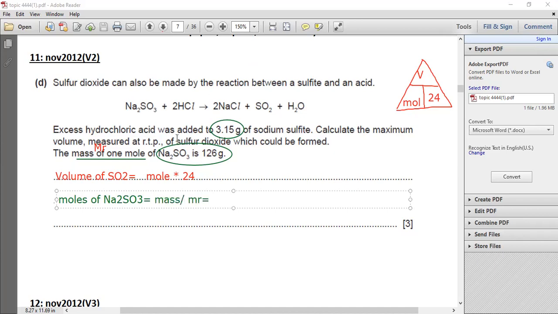What is the mass in the question? 3.15. What is the MR given in the question? 126. Yes. Divide them together. 3.15 divided by 126 equals 0.025. Then what do you have to do after that? Mole to mole ratio.